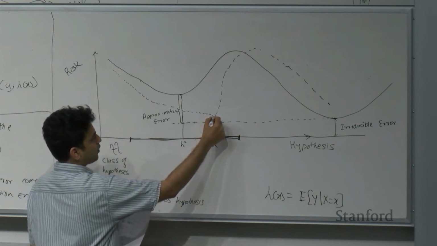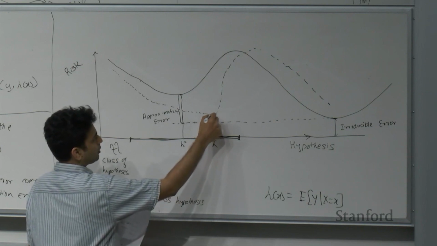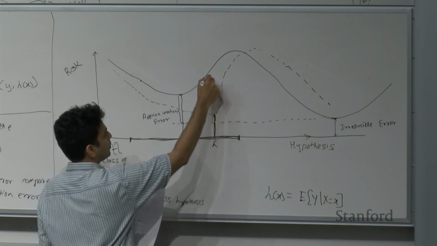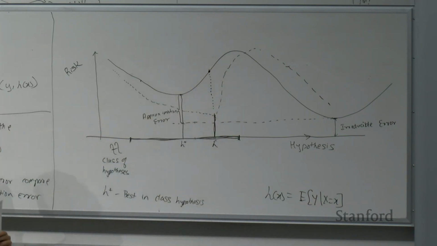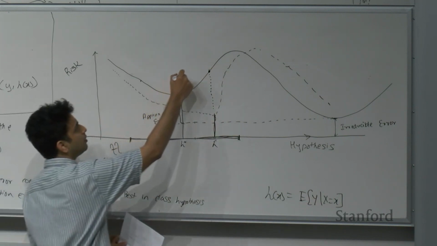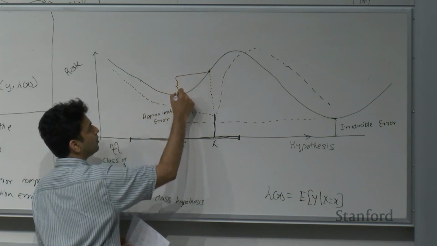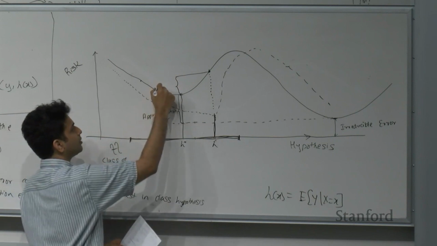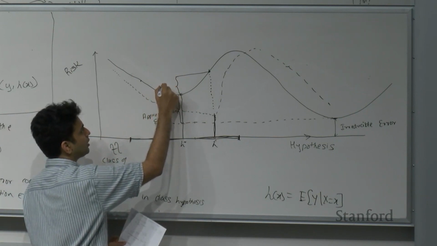This is where the empirical risk was minimized, and the corresponding generalization error is over here. And this gap is called the excess risk, or the estimation error. You can call it both of them. Let's just call it excess risk.